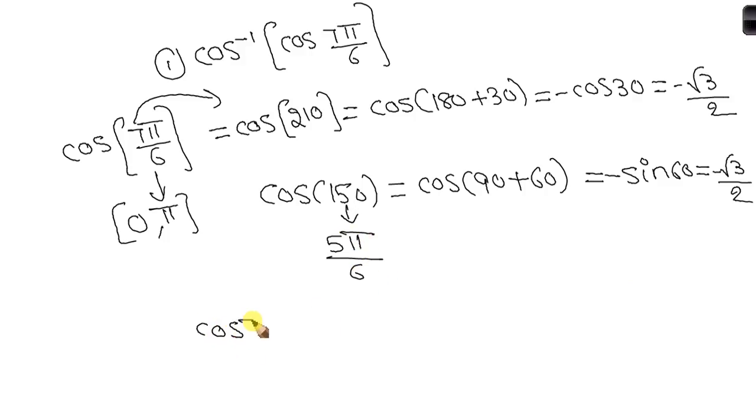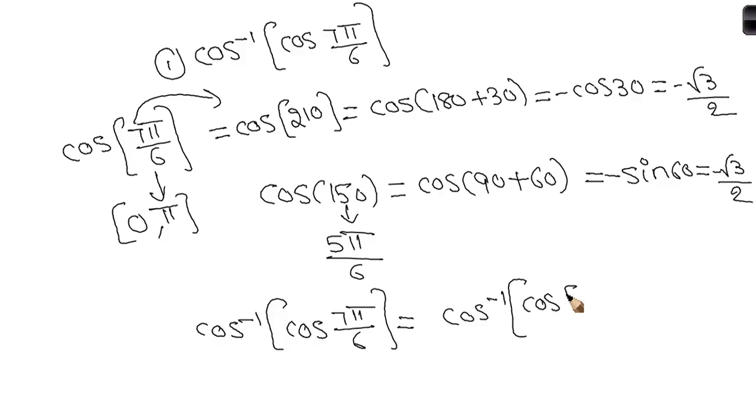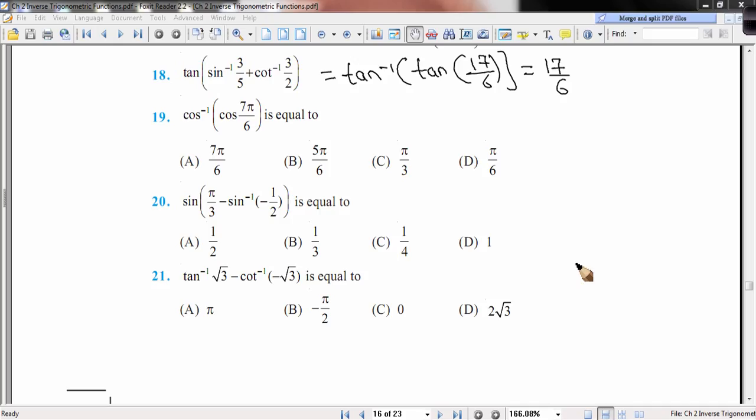So cos inverse of cos of 7 pi by 6 can be written as cos inverse of cos of 5 pi by 6. So hence the answer would be 5 pi upon 6. This is option B.